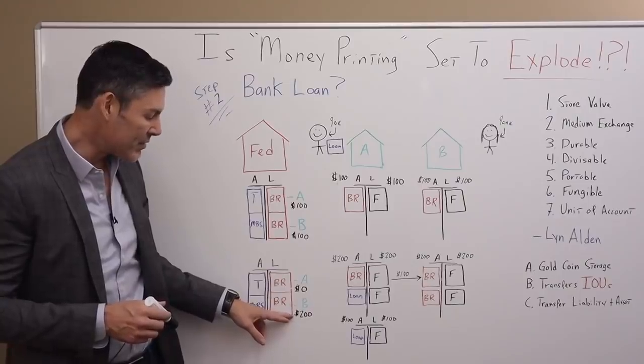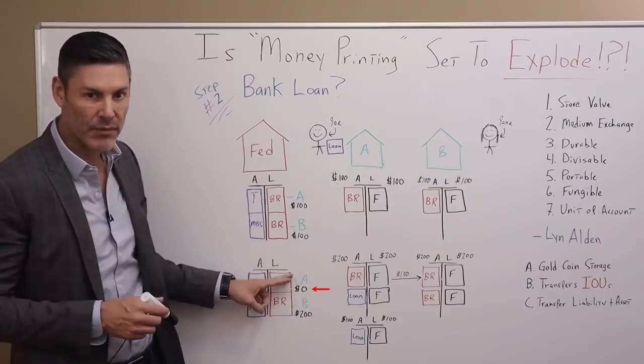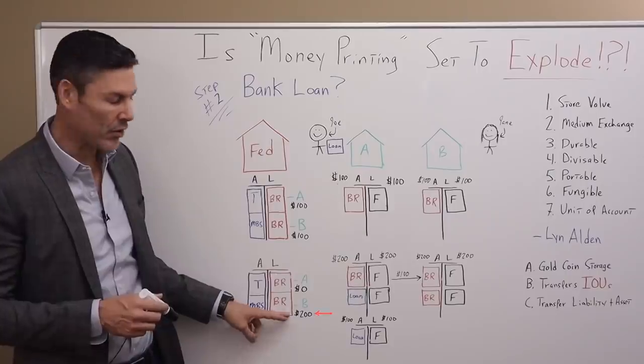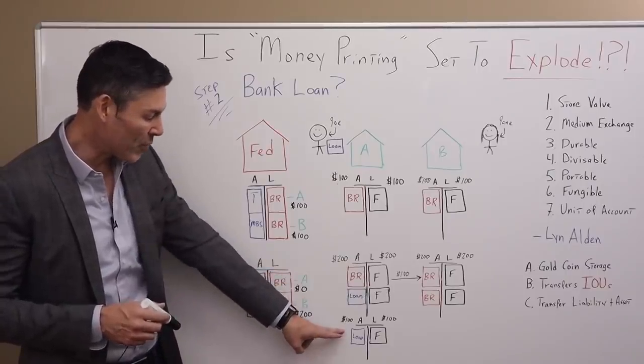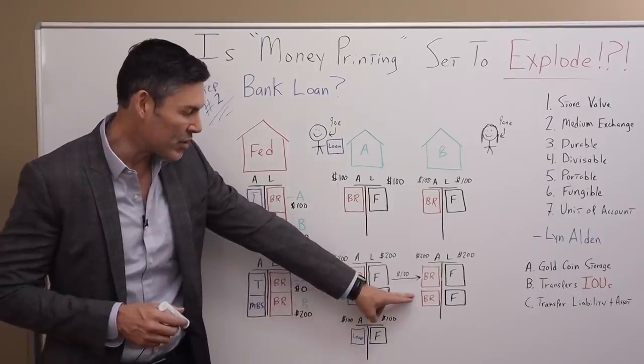So when the transaction ends, Bank A has 0 in bank reserves and Bank B has $200 in bank reserves, which makes sense. It matches up with our ending balance sheet here and our ending balance sheet here.